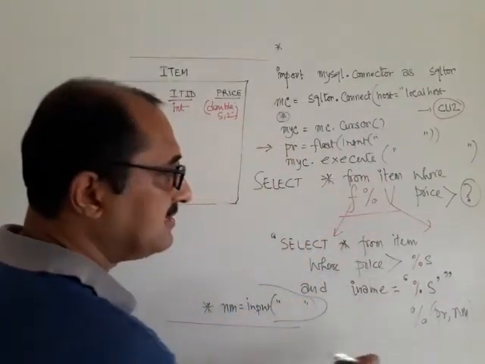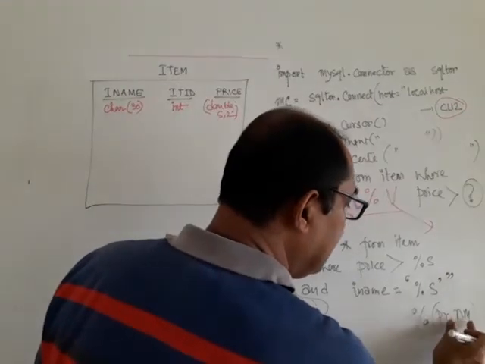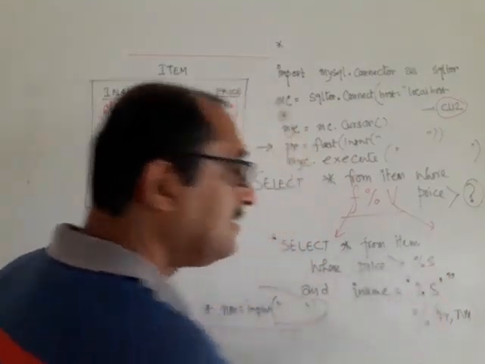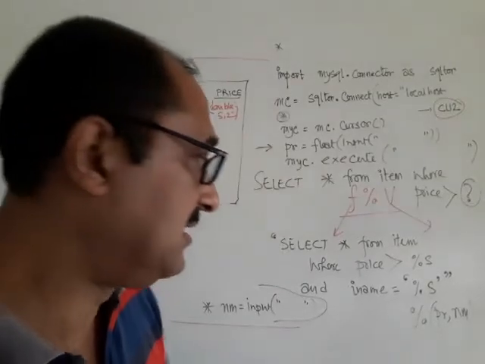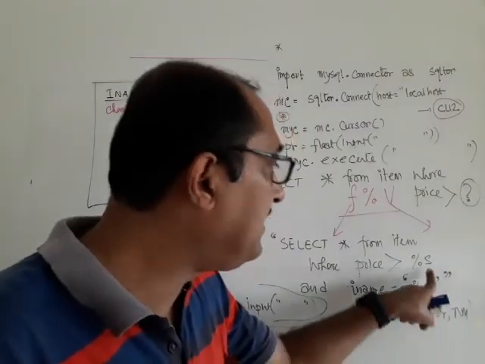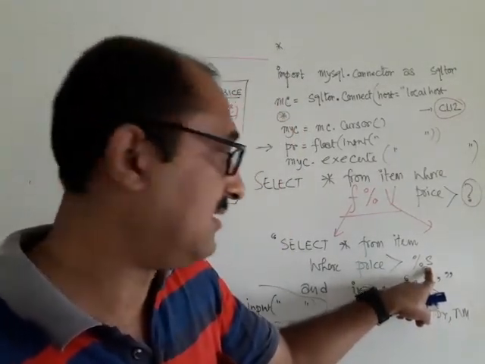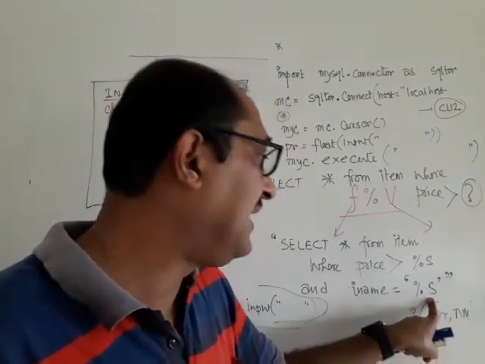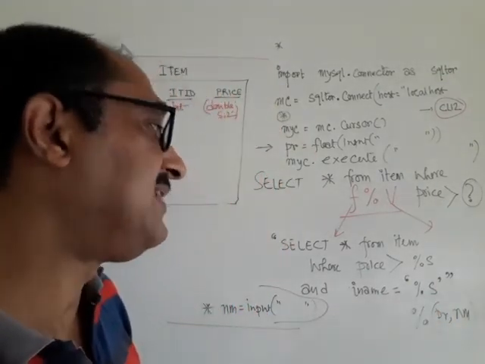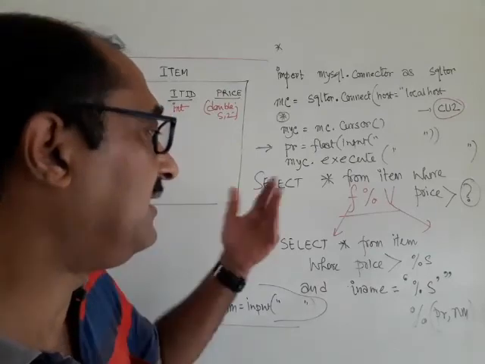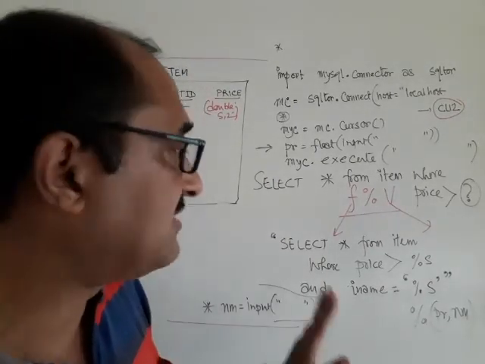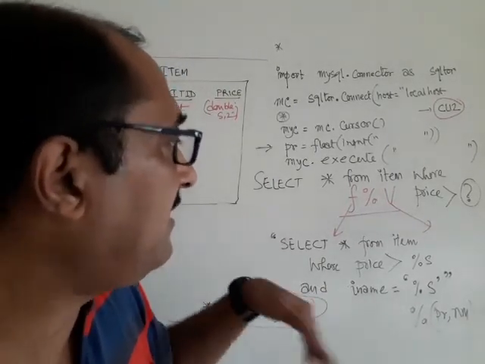So here the rule is, in the order you write the values, in the same order they keep on replacing the placeholders. PR is written first, so PR will replace the first placeholder. NM is written second, NM will replace the second placeholder. This is how it goes on. Fine? I will explain another way of doing it in my next video.